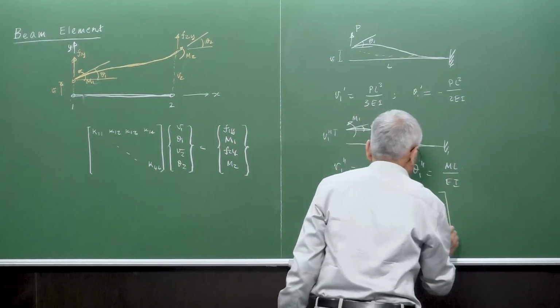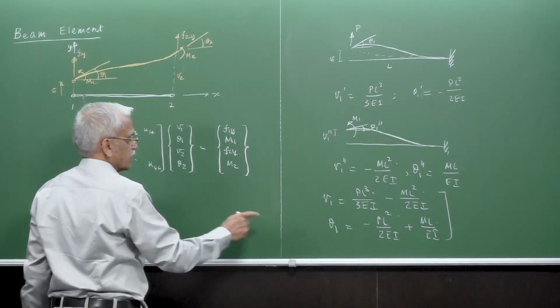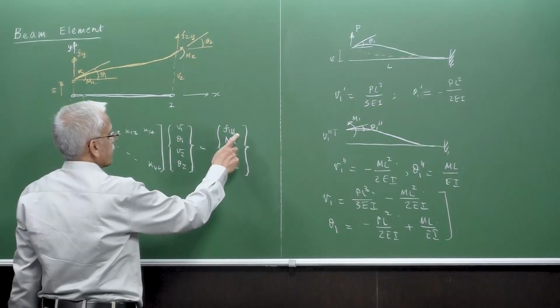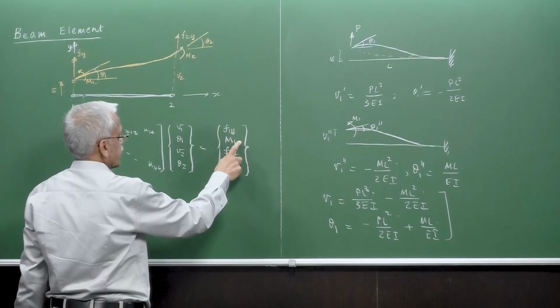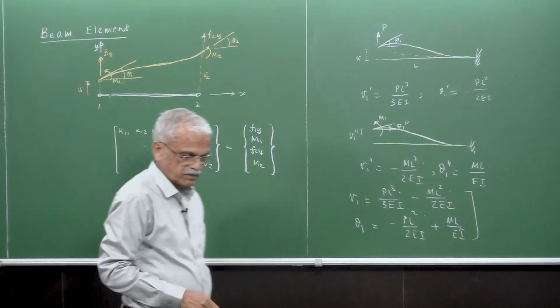So what we actually need here is that we don't need V and theta in terms of P and M, but we need P and M, which is F1y and F1 in terms of V1 and theta 1.